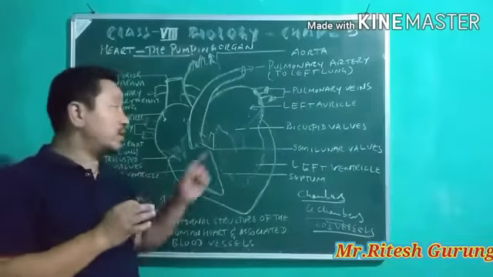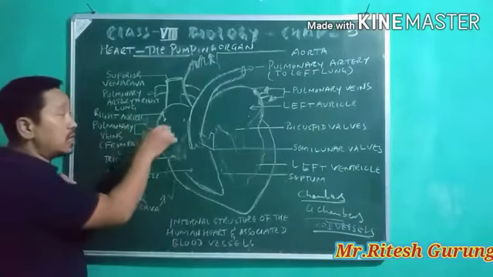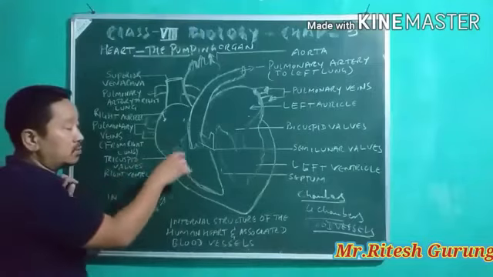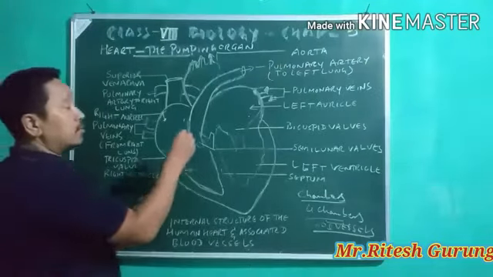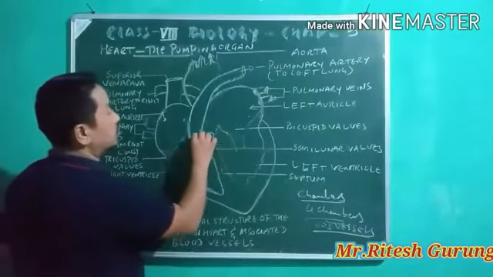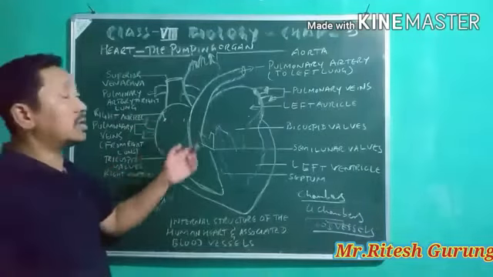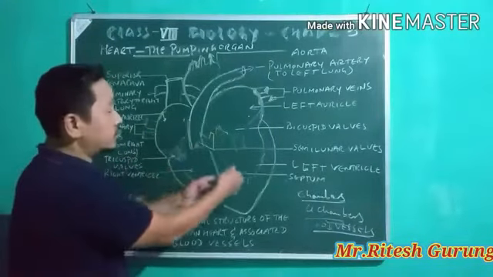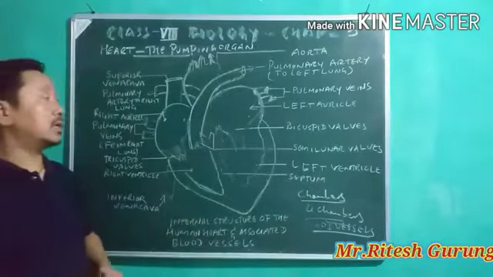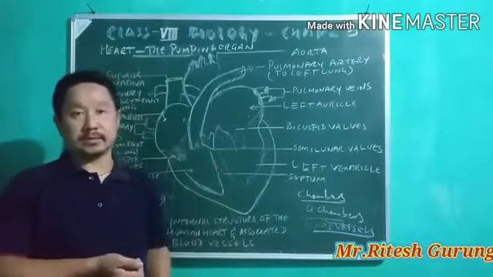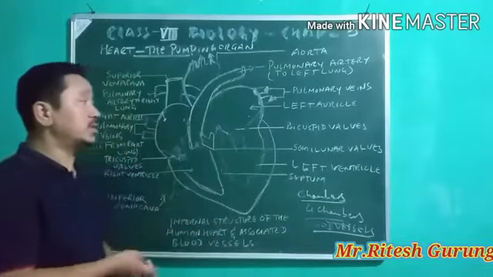In the same way, when the blood flows through the aorta or the artery, it will not flow back into the ventricle, because there are valves. The function of the valve is to make the blood flow in one direction, which will not allow the blood to flow backward. That's the main function of these valves.